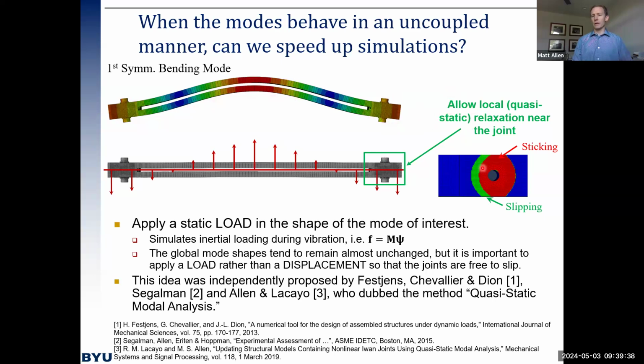But there's one very important difference, and that is that we're applying a force, not a displacement, to the structure, and we're allowing the structure to slip at the interface. And so this is not a Galerkin reduction of the model to one mode, or a modal reduction. It's a quasi-static approach, and it's important to understand that.